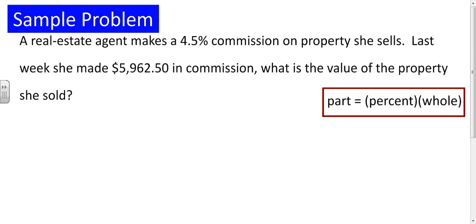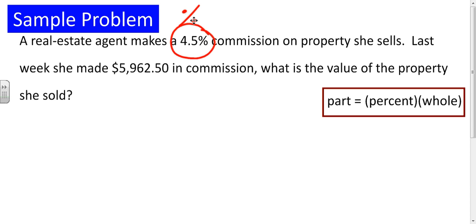Here's the next example. A real estate agent makes a 4.5% commission on property she sells. Last week she made $5,962.50 in commission. What is the value of the property she sold? So I want to first identify the part, the percent, and the whole. Again, easiest thing to pick out here is the percent. This is definitely the percent. We got our percent sign after it.